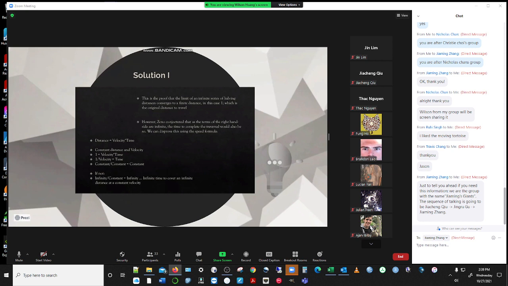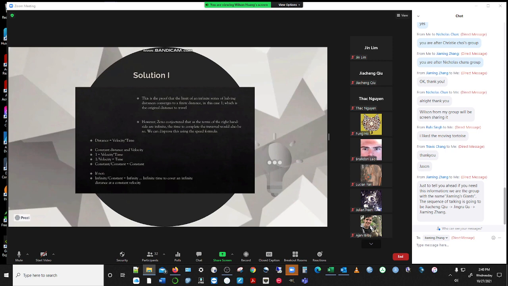We can rearrange this as a finite number over the velocity equals the time to traverse that distance. If your velocity is standard, a finite velocity, then a finite number over another finite number equals a finite number.